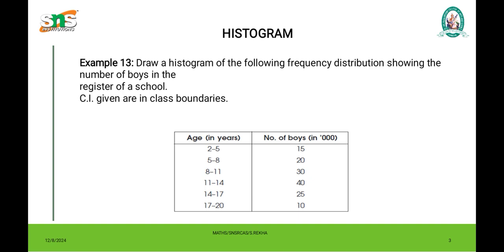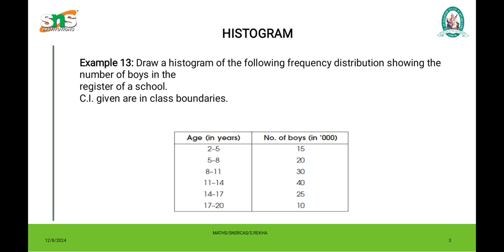For example, how to draw the histogram. Take the number of boys in the register of a class, and based on that, the frequencies are given. For a school, we have to identify how many students are studying in, for example, 2 to 5 years, how many boys are studying, 5 to 8, how many boys are studying, like that.